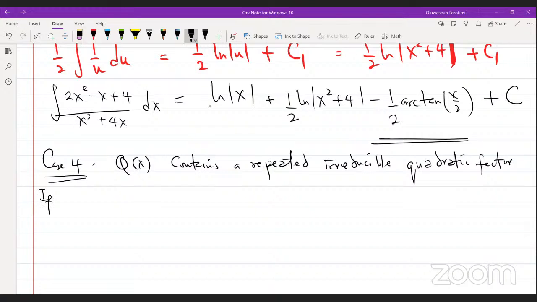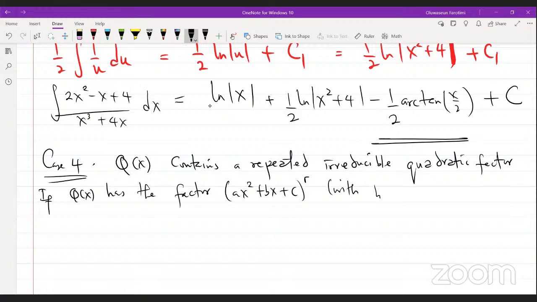So we say if Q of x has the factor ax squared plus bx plus c to some certain power r, okay? Of course, the discriminant, if you are familiar with irreducibility, has to be negative. And that's when you say you have a complex root, you don't have a real root.